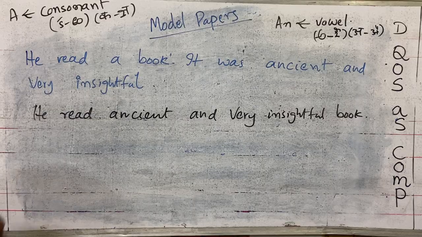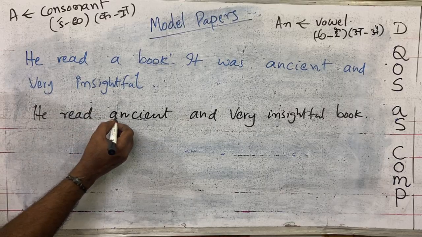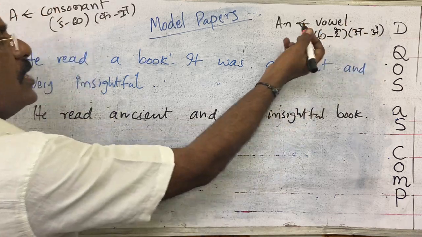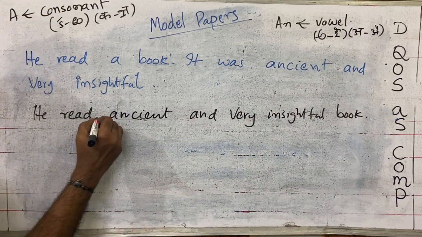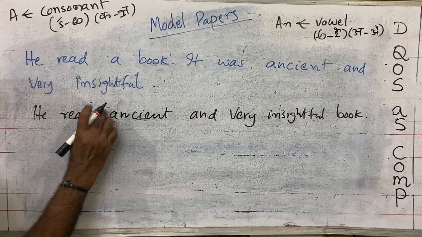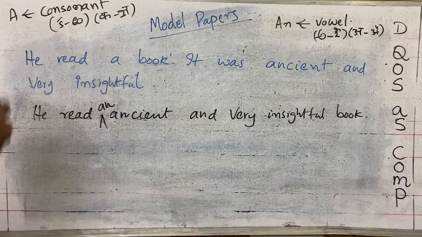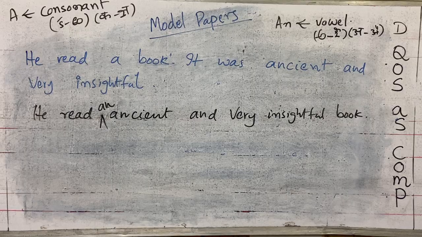As it is ancient, an A sound. Before the A sound, here A sound, E sound, O sound, before the A sound it is coming an ancient. So we take an ancient.